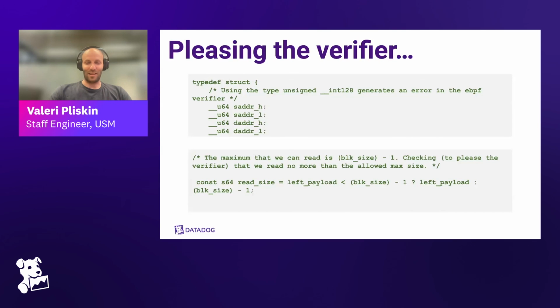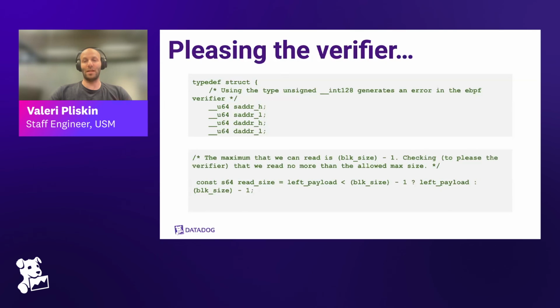Yeah, this slide is actually a bit amusing. I literally put here some actual examples from the open source Datadog agent code base, just to demonstrate how production code must sometimes be adjusted just to pass the verifier check. So for example, in the upper screenshot, you can see that we have a struct that stores the IP address for source and destination, but unfortunately we cannot use one variable of 128 bits.